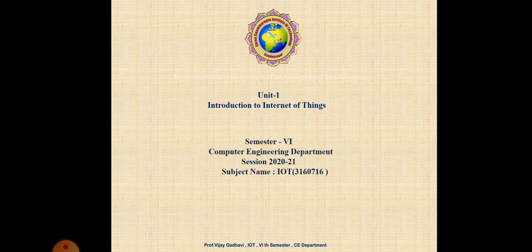This subject covers the fundamentals of IoT with its architectures, protocols, and applications. It also covers the overview and programming of two widely used IoT platforms. The two platforms are Arduino and Raspberry Pi.